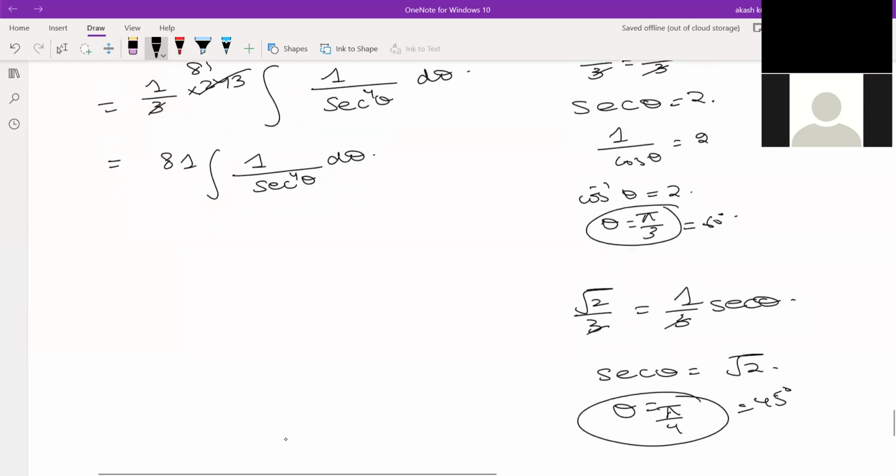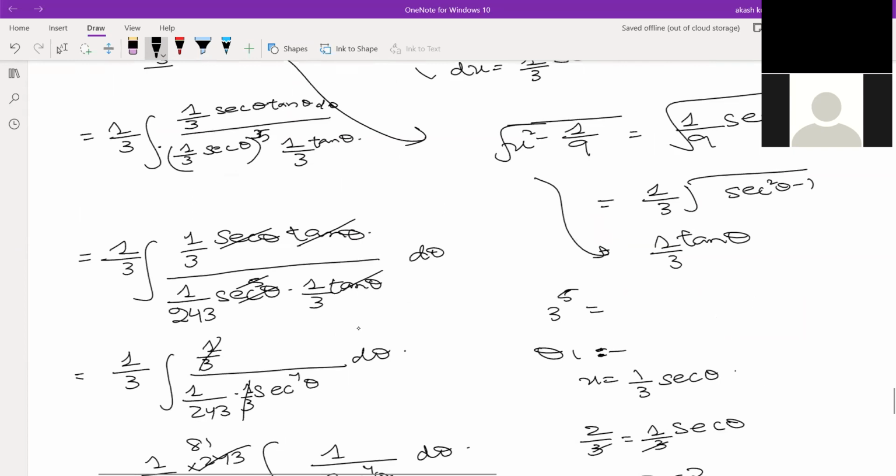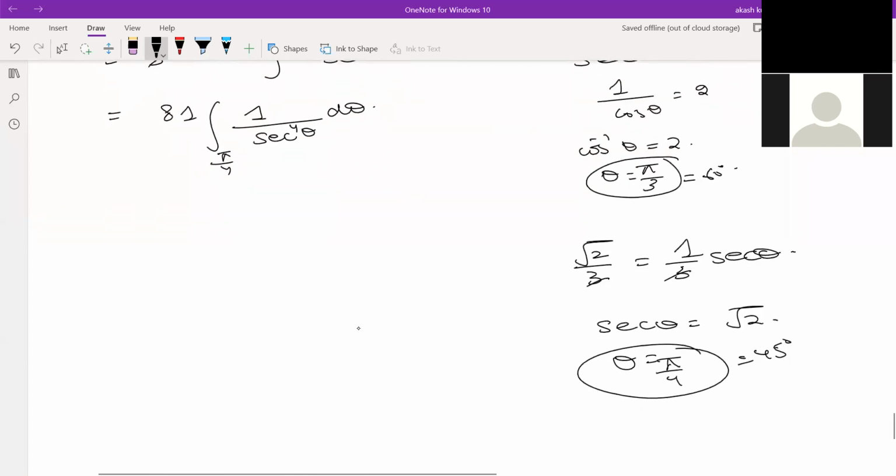Now our new limits will become pi by 4 to pi by 3.